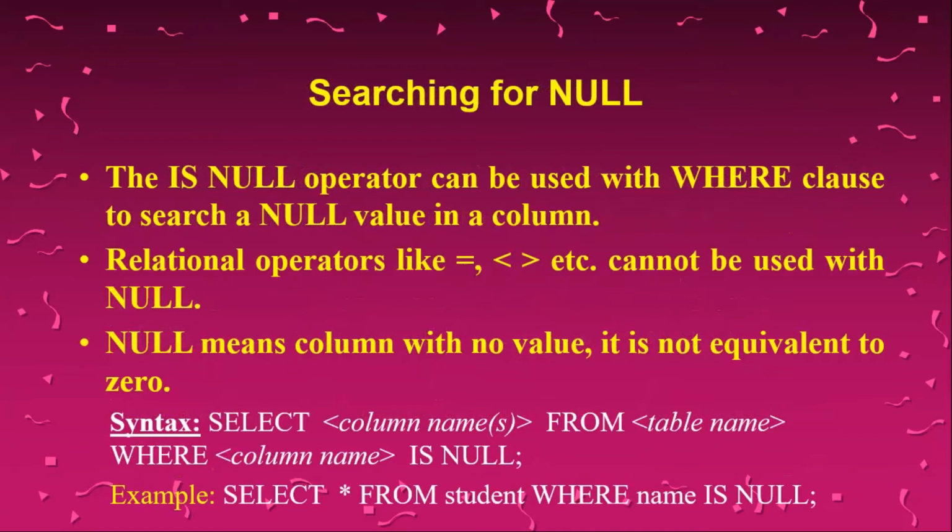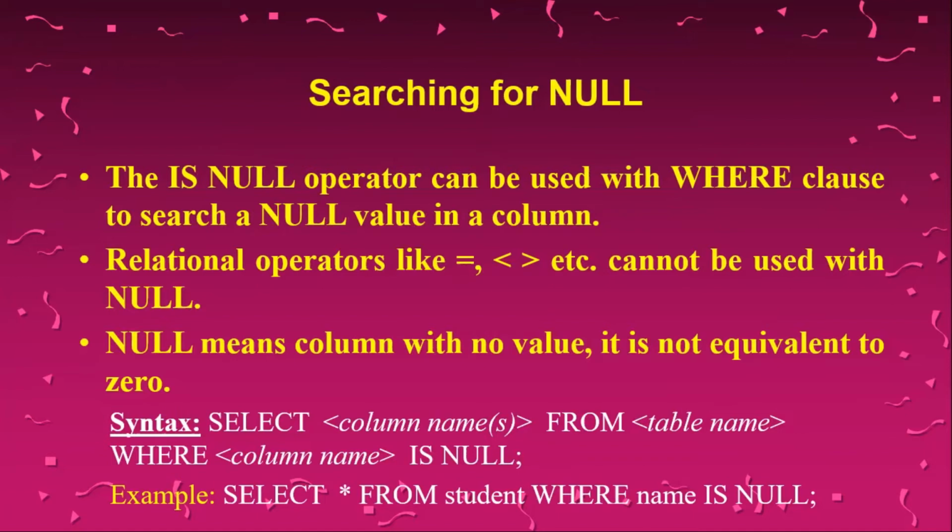Searching for null. Suppose I didn't enter any value in a particular column or particular cell. It will be displayed as a null value. Null value stands for a column with no value. It's like a legal empty value, but it is not considered as 0. It's not equivalent to 0.